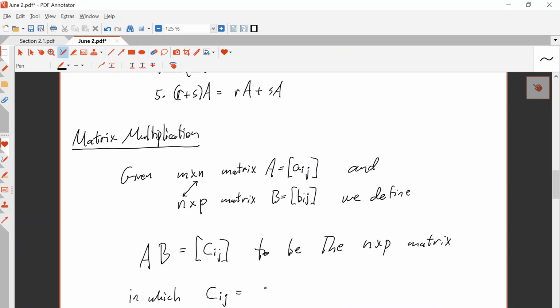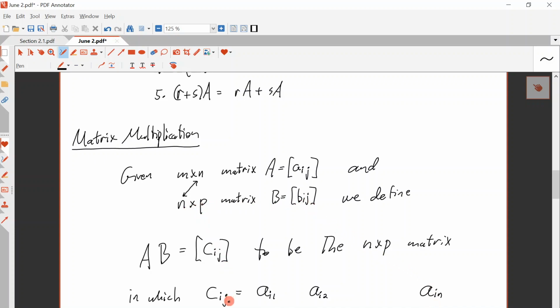So take row I. Since A has N columns, row I looks like this: AI1, AI2, up to AIN. B has N rows.